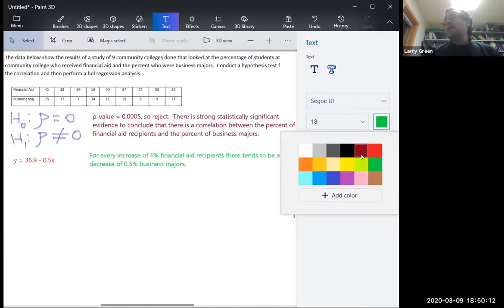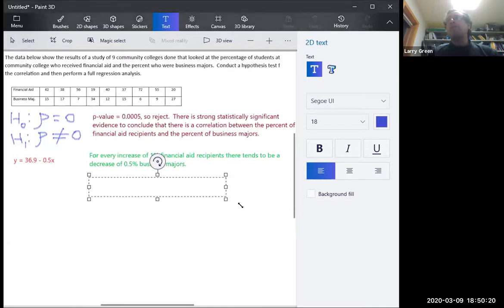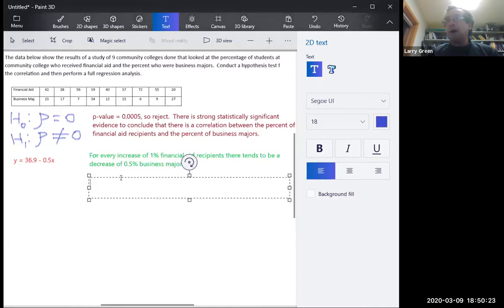So if we're going to look at the y-intercept now, let's interpret the y-intercept, which is 36.9. The y-intercept is the value of y when x is 0.